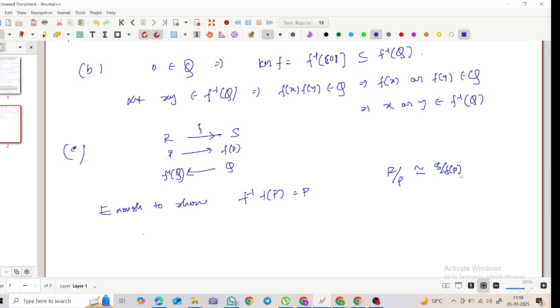Right? Now let's look at this map carefully. Not exactly f tilde. You have to understand this map a bit carefully.